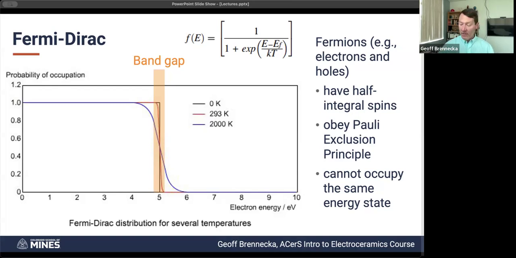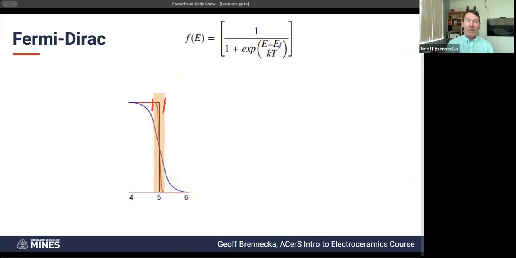The math stays the same, but suddenly we've got a region inside of that distribution where there are no energy states available. The distribution function says there should be electrons here, but there are no energy states for them to live in. And so you end up with this gap that doesn't allow any energy states within it.